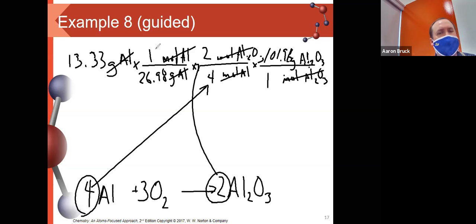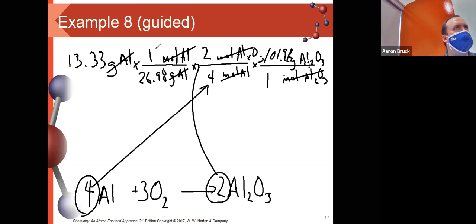So everything's canceled out except for the grams. I can do my calculation, 13.33 multiplied by 2, multiplied by 101.96, divided by 26.98, divided by 4.